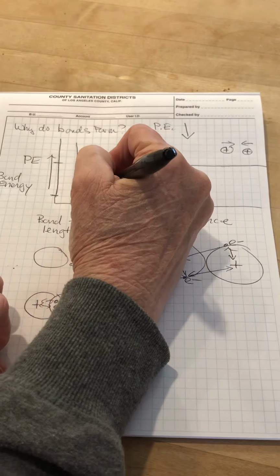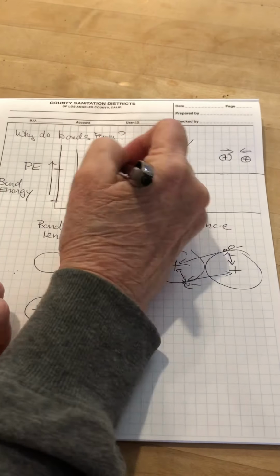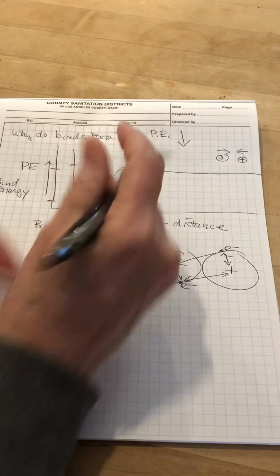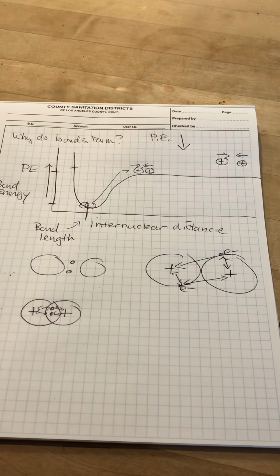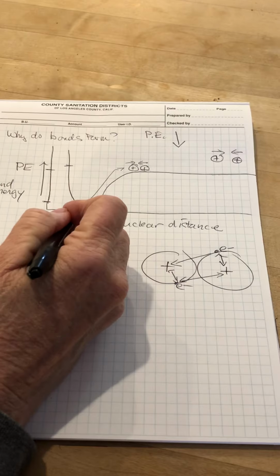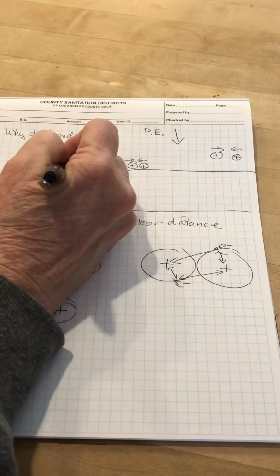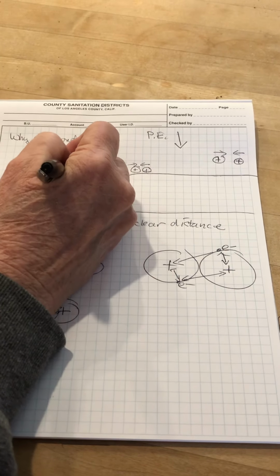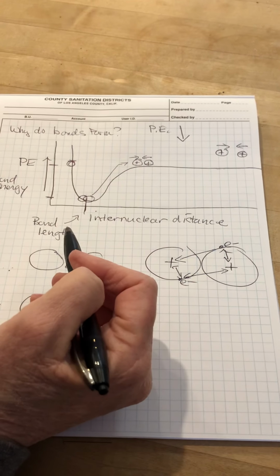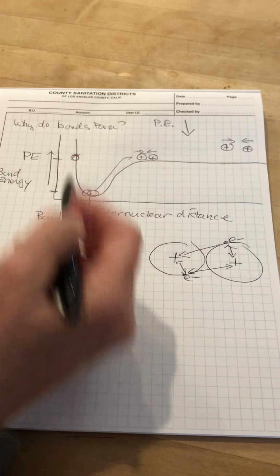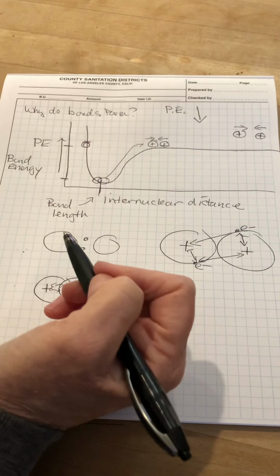When they get over this distance, they can spring apart and the bond is broken. Or the electrons could get too close to one another, get up here, where you've got an almost overlapping set of protons and electrons, and it would spring apart from being too close.